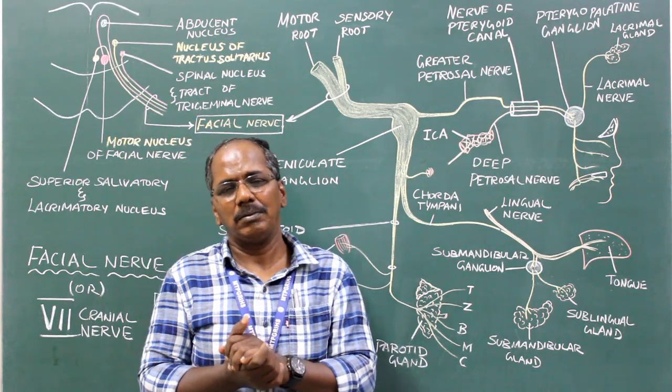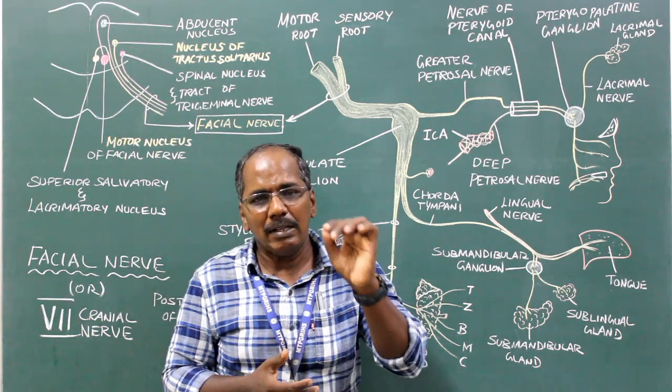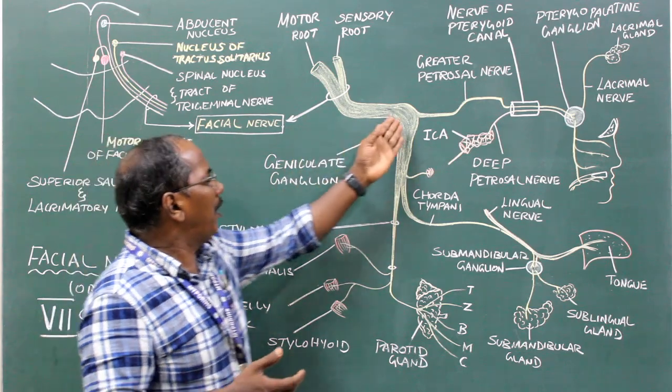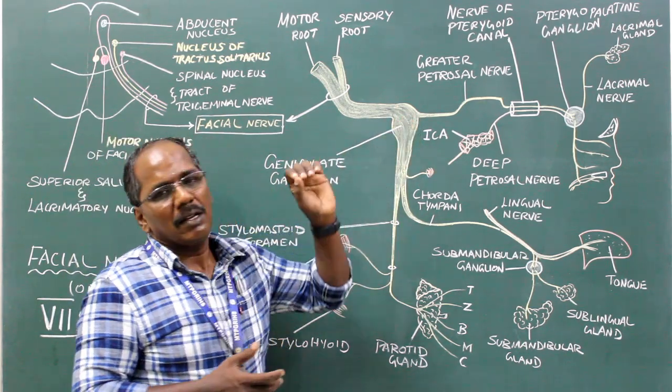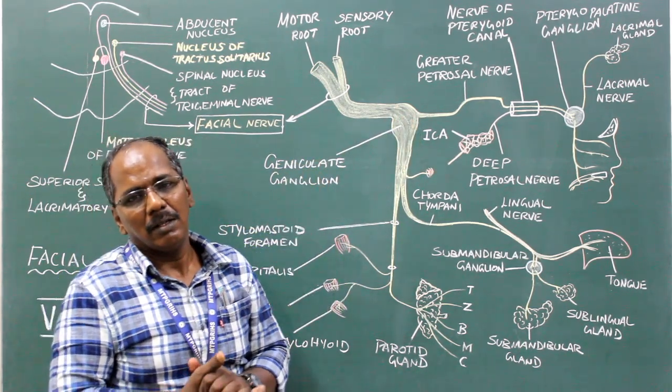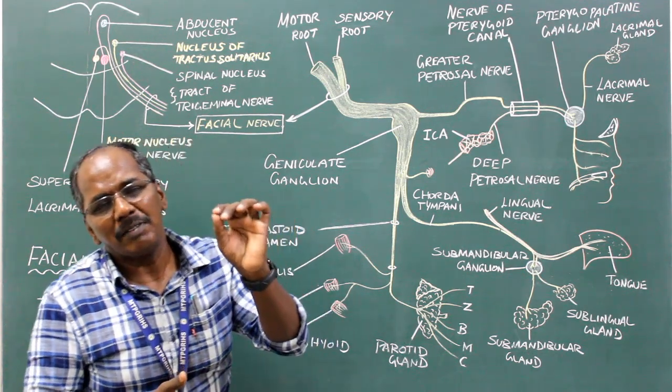Ramsay Hunt syndrome. It is a condition in which the geniculate ganglion is affected by herpes zoster virus.